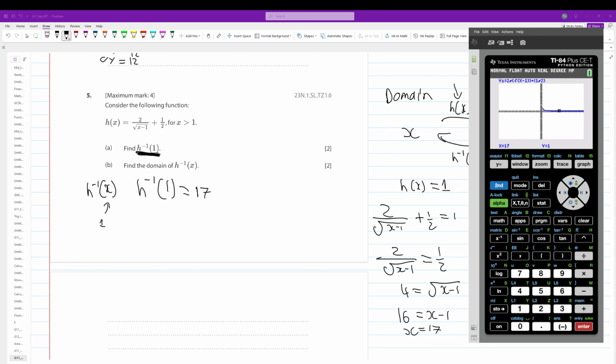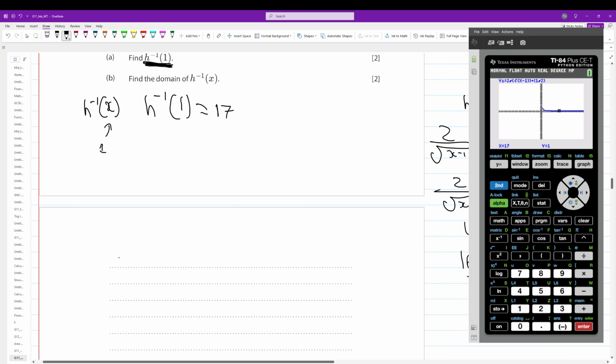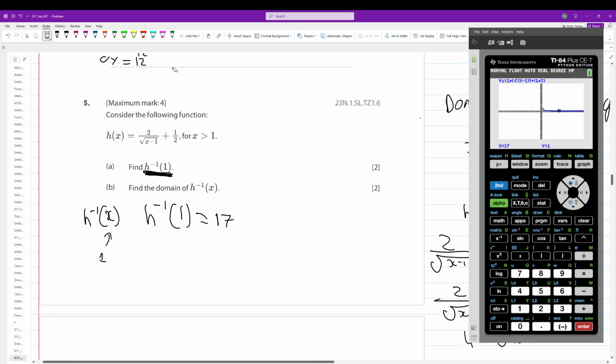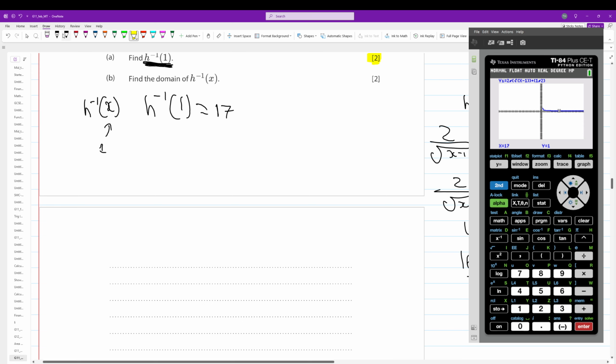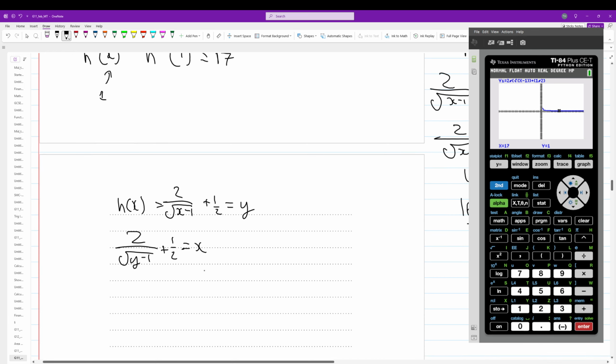If you wanted to do this the algebraic way, you would very quickly discover that this is not a question for 2 marks. Just a reminder, this is only worth 2 marks. We can start to do it the long way, let's call it. So if I've got h of x is equal to 2 over the square root of x minus 1 add a half is equal to y, then to find my inverse, I swap those two around. So 2 over the square root of y minus 1 add a half is equal to x.